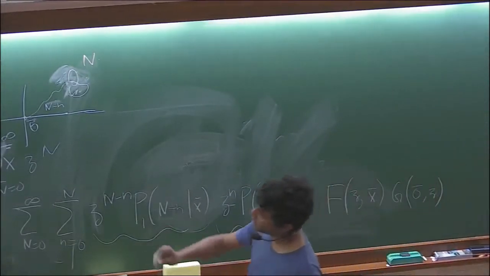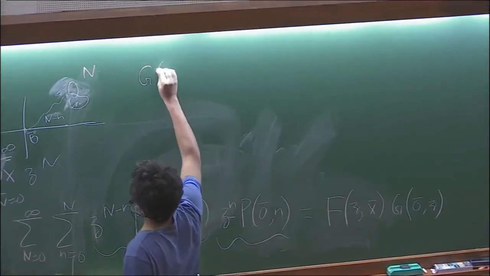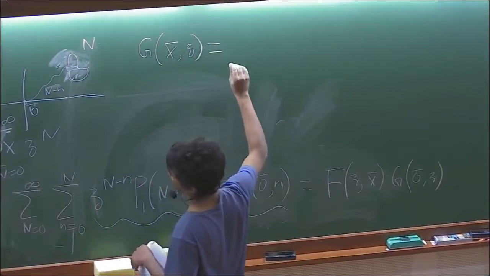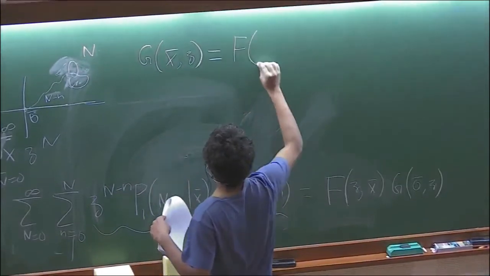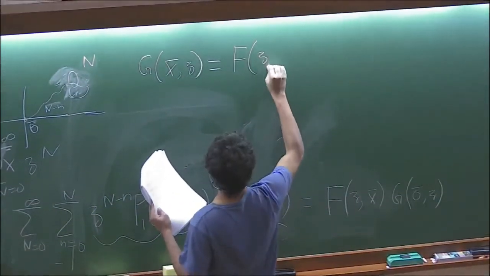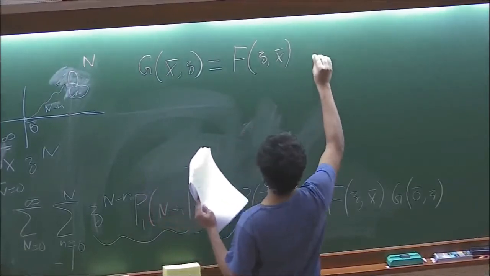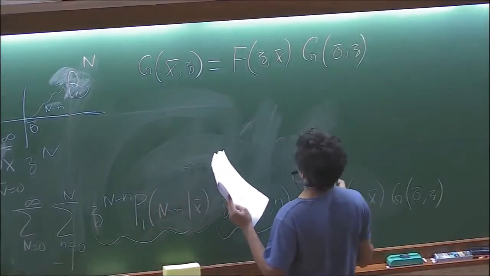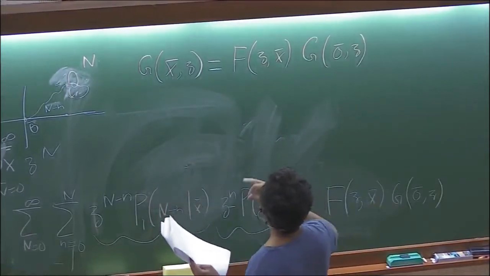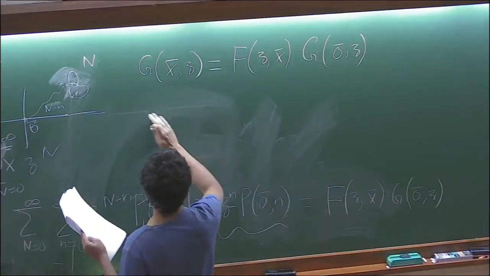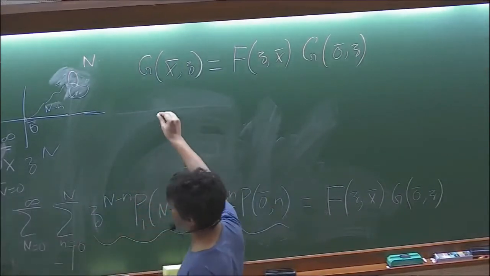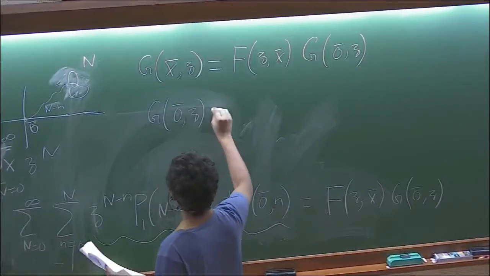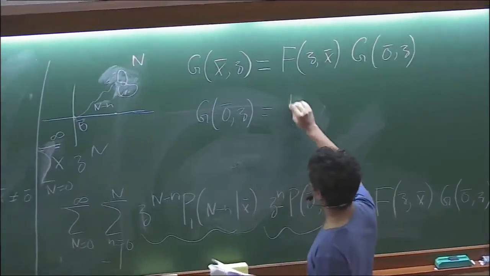So from the first equation we get g x bar z is equal to f of, and from the second equation we get g of 0 bar z is equal to 1 plus.